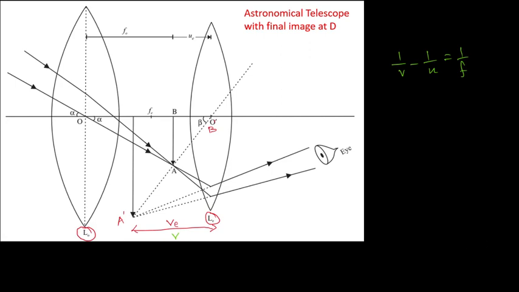Let us discuss the astronomical telescope with final image at D. We have two convex lenses, LO and LE. LO is the objective lens.